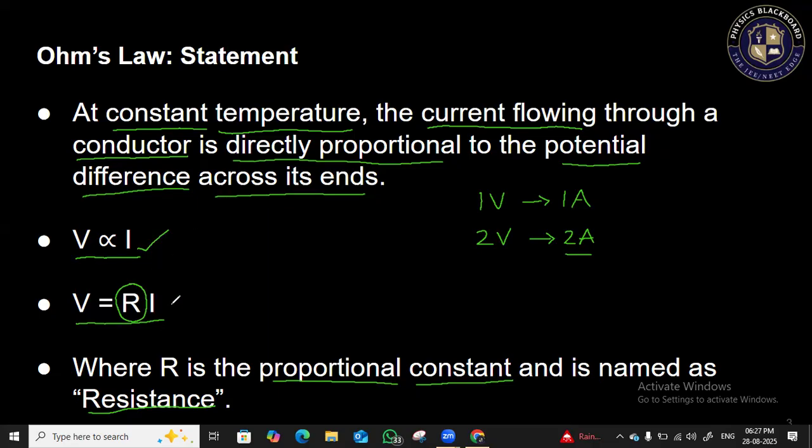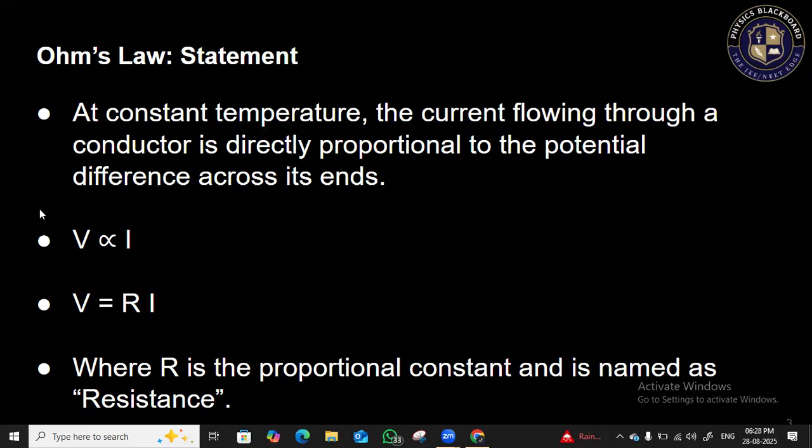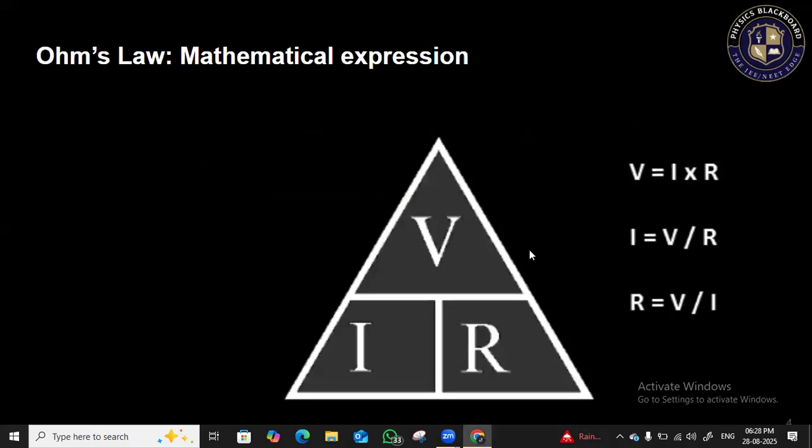So here we got an expression that V equals R into I, right? So this is Ohm's law. What is Ohm's law? At constant temperature, the current flowing through the conductor is directly proportional to the potential difference across its ends.